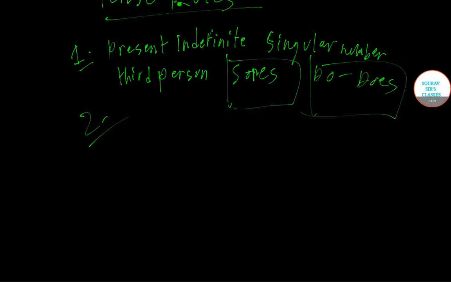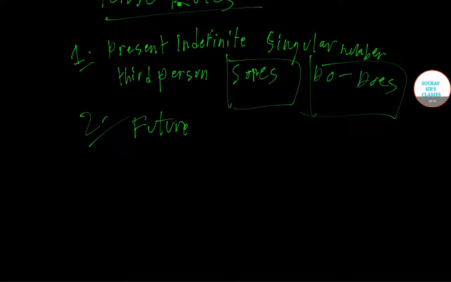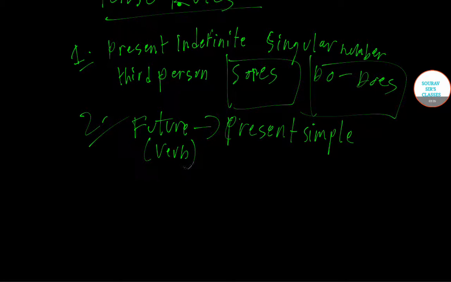So very simple: if the verb is in future, we use present simple in the clauses. You get the idea. When I give the example, it will be very clear.